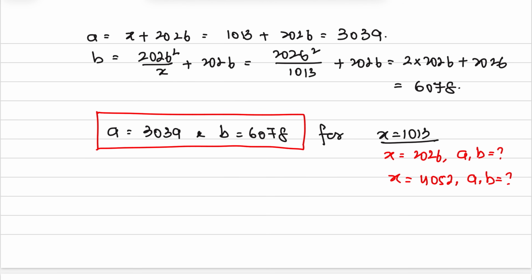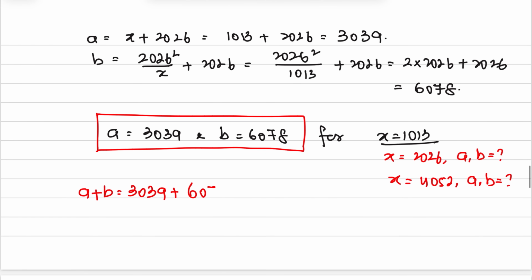Now, what we have to find is A plus B. A plus B is equal to 3039 plus 6078. 3039 plus 6078 will be how much? 9117.